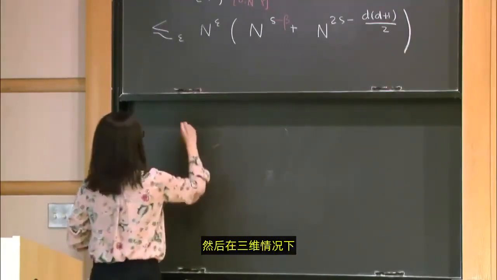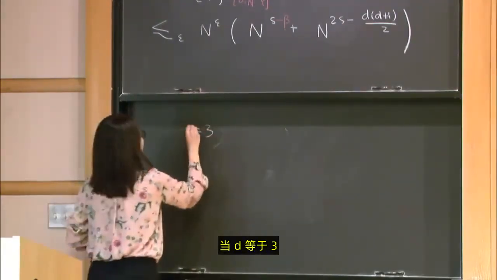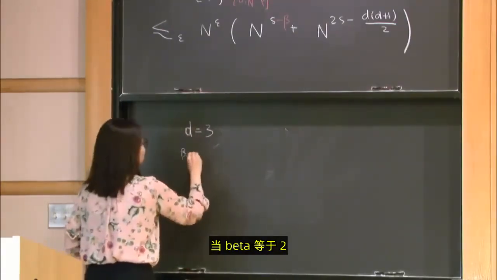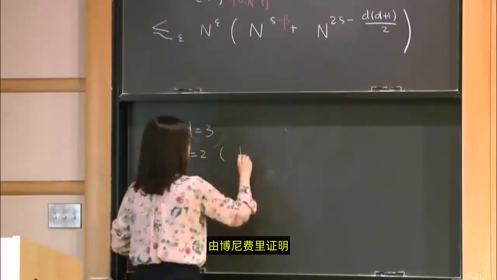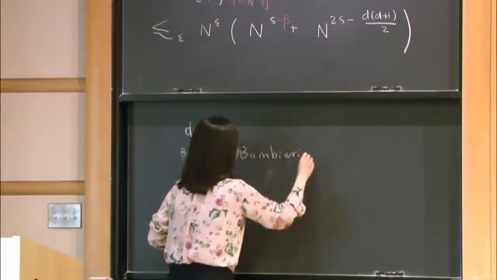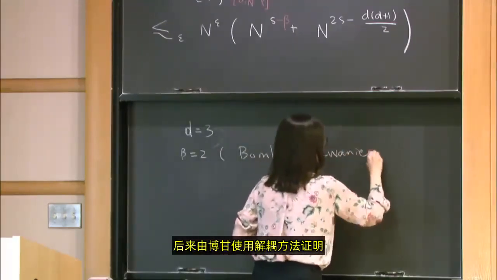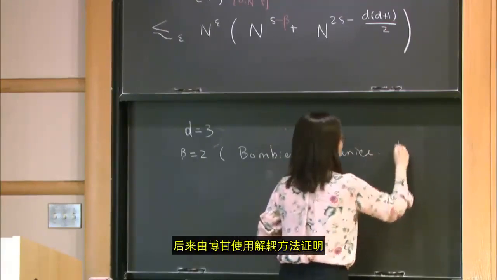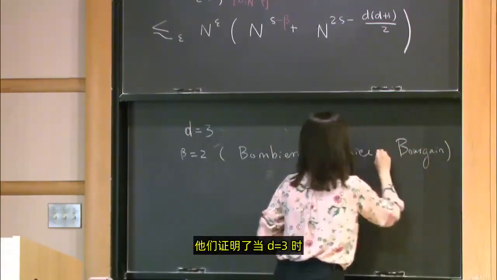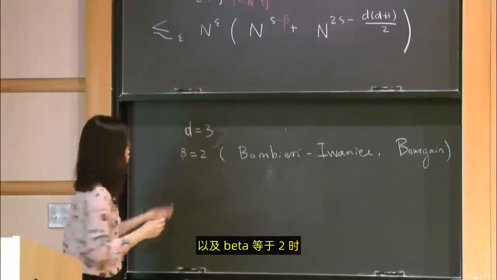And then for the three-dimensional case, d equals 3, when beta equals 2, it was proved by Bombieri and Iwaniec. And then later, Bourgain, using decoupling, proved it for d equals 3 and beta equals 2.